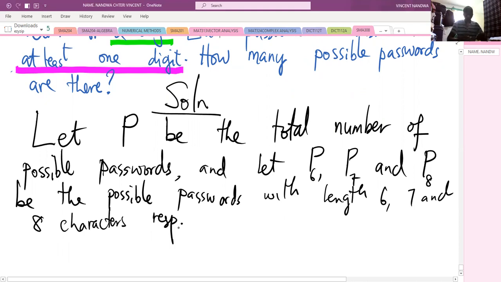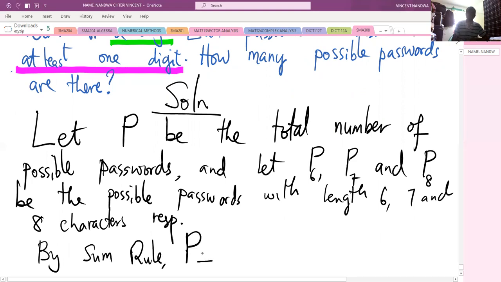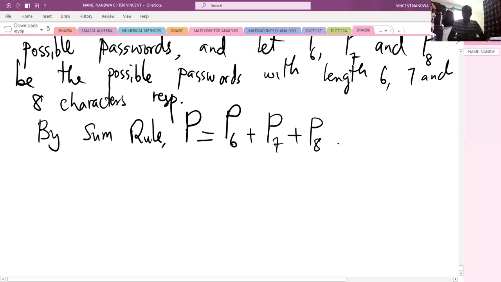And so, by the sum rule, P, the total number of passwords, will be given by P6 plus P7 plus P8. So that's what we have.